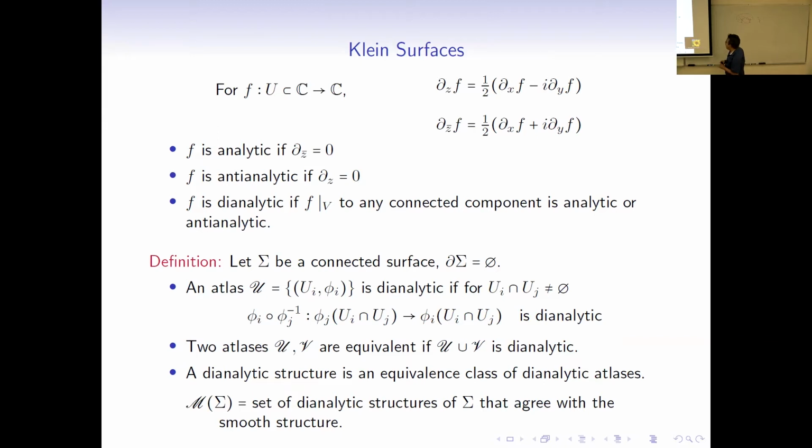By requiring the change of coordinates to be dianalytic, you get the concept of a Klein surface structure. You can think of a dianalytic atlas in this way. You can also think of the set of dianalytic structures on a surface sigma. This concept contains all Riemann surfaces, but allows non-orientable surfaces as well.